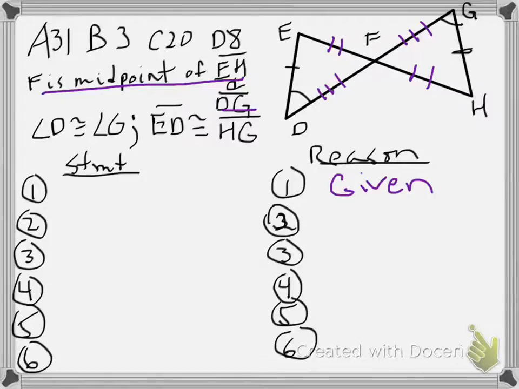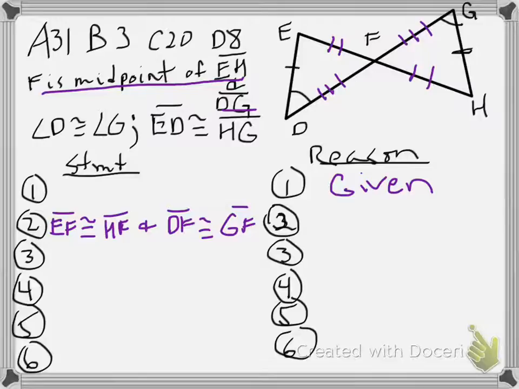So the definition of a midpoint is, and I put the marks in already, we must have EF is congruent to HF, and the other thing is that you can go the other way. DF is congruent to GF. Okay, and they used the definition of a midpoint there, so that was given to us.